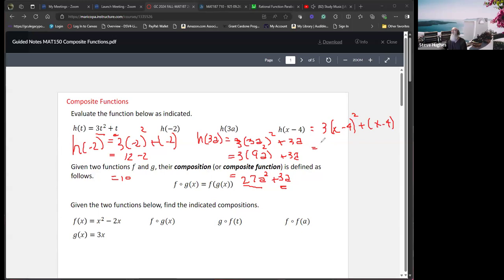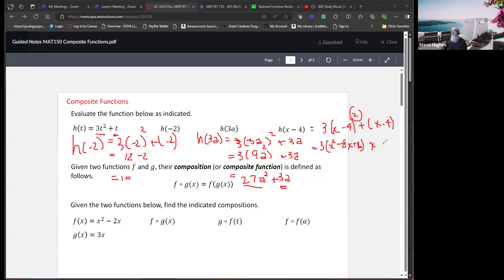Now I have to square this binomial. When I square the binomial, you guys remember how we did that before? x squared, in other words, square the first term. Then for my middle term, I multiply 2, this exponent right here, 2 times x times negative 4, which is negative 8x. Then I square the negative 4, which is plus 16.